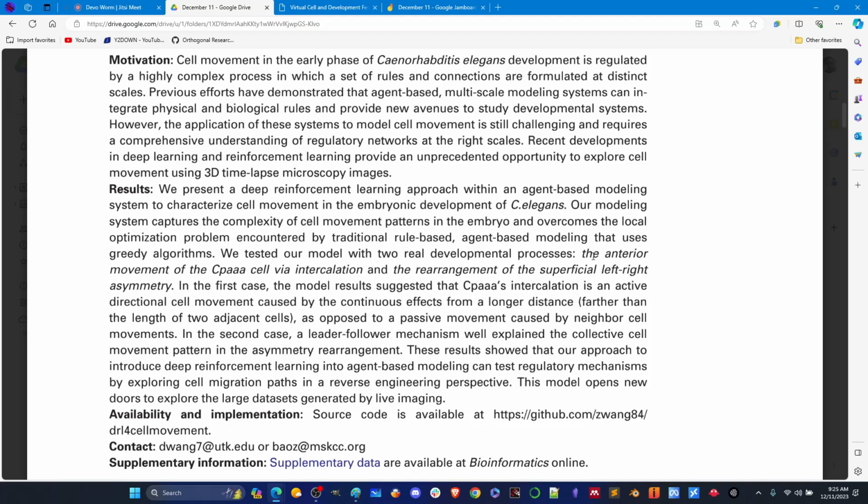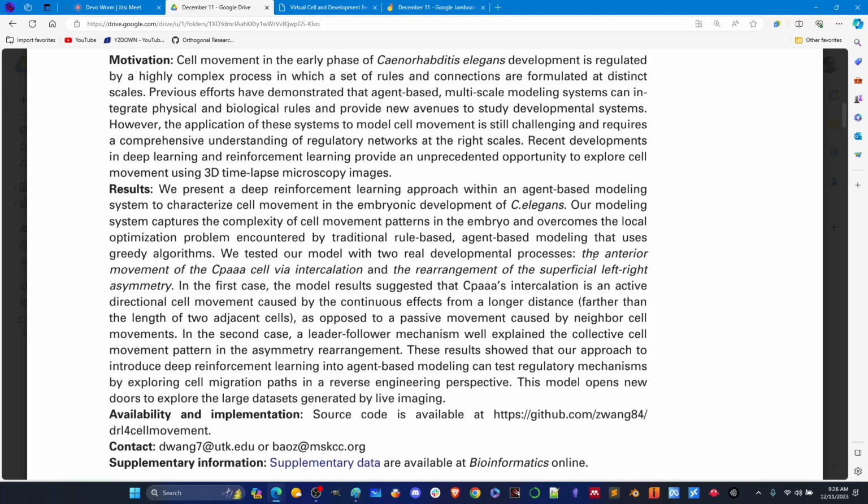But in this case, you're looking at these longer distance active movements, which involve the cell actually moving to a new location, acquiring new neighbors, and rearranging the grid that this process is being played out on. So these results showed that our approach to introduce deep reinforcement learning into the agent-based modeling paradigm can test regulatory mechanisms by exploring cell migration paths in a reverse engineering perspective.